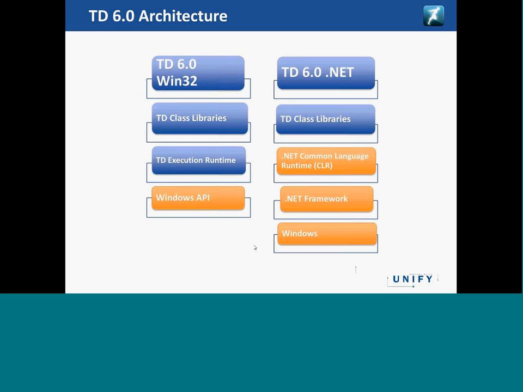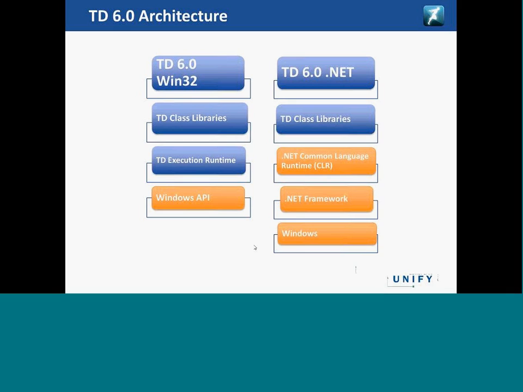But keep in mind, Team Developer 6 is based on Unicode. So if you are dealing with third-party DLLs, like your own written DLLs, and you pass strings, make sure that you pass Unicode or ANSI strings. Maybe you have to translate the strings from Unicode into ANSI character strings or from ANSI into Unicode.